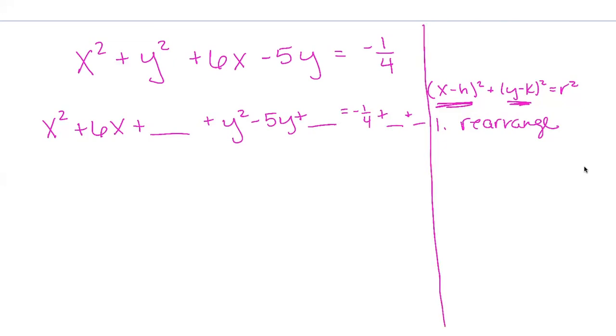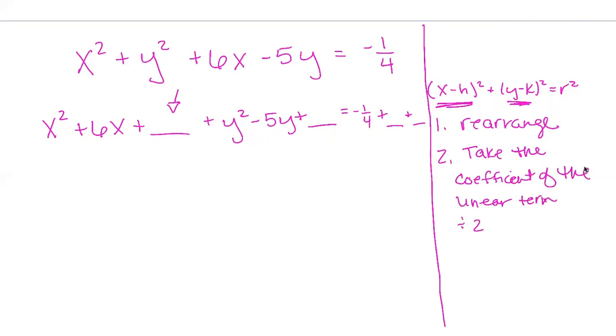So we have to figure out what number I can put in this blank to make this a perfect square. The second step is we're going to take the coefficient of the linear term, divide it by 2, and square it.